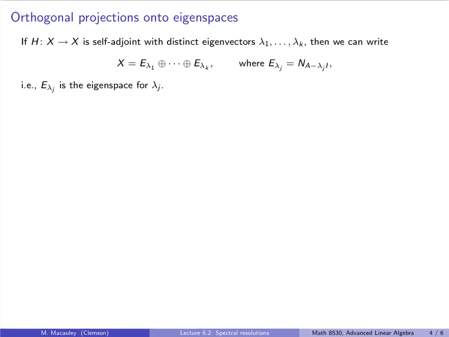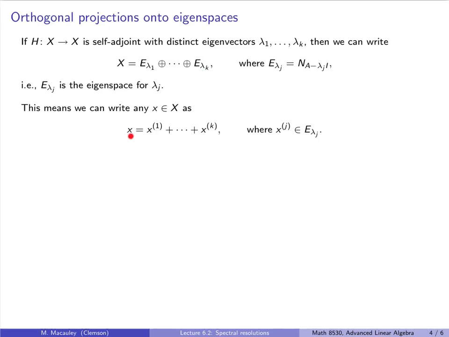Let's continue with assuming that H is a self-adjoint linear map with distinct eigenvalues lambda 1 up to lambda k, and let's write X as the direct sum of the eigenspaces. Remember, E lambda j is the null space of A minus lambda j I. This means that we can write any vector in X uniquely as a sum of vectors in the individual eigenspaces.